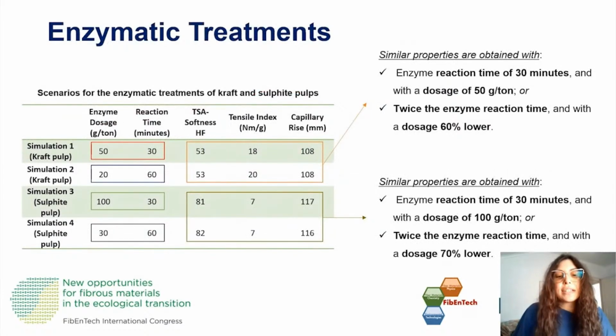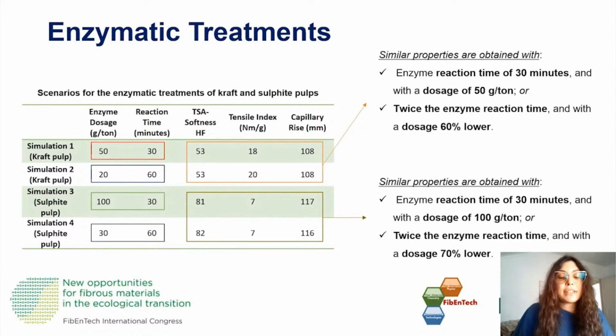So, regarding the enzymatic treatments, this table presents the scenarios of the enzymatic treatments of different pulps, kraft and sulfite pulps. Sim tissue predicts the formulation properties with variation in reaction time and enzyme dosage.